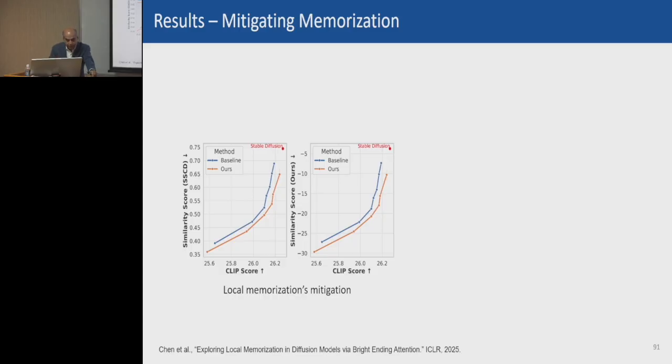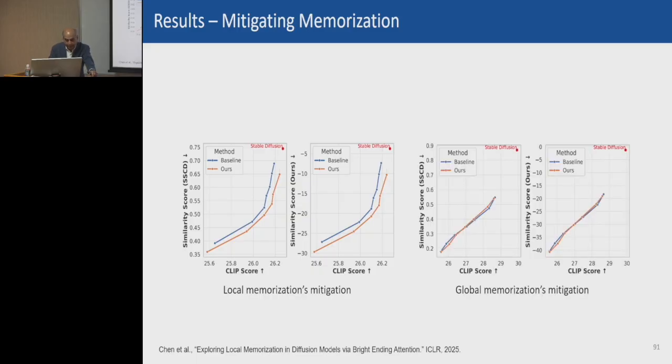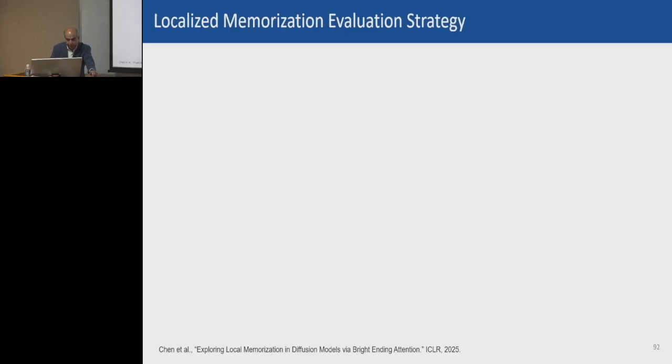As you see, we do better compared to the baseline, and this is for the local memorization. And this is another metric, the similarity score, as I showed you, the self-supervised copy detection, and here is global memorization, these are the results, but local memorization is more important, which is difficult. We solve that.